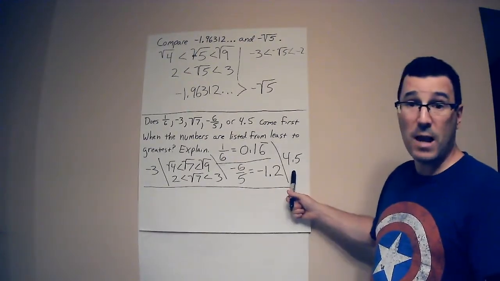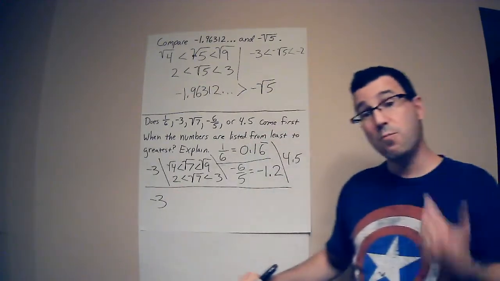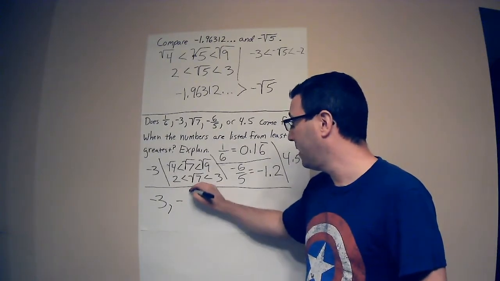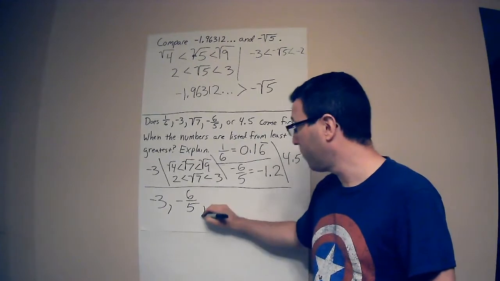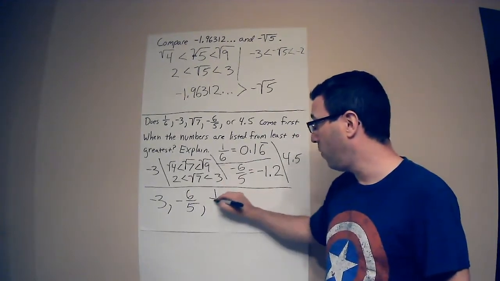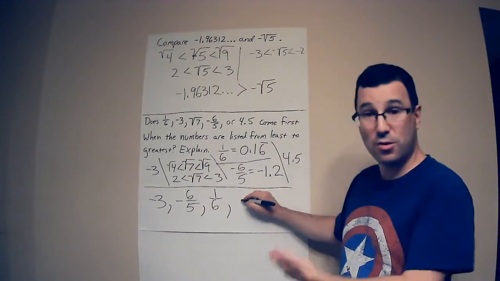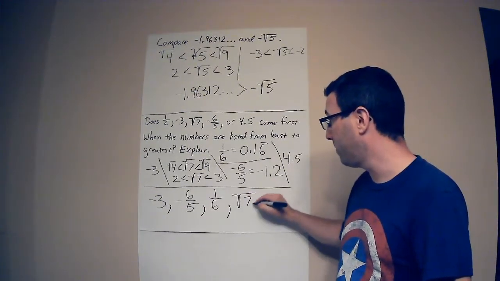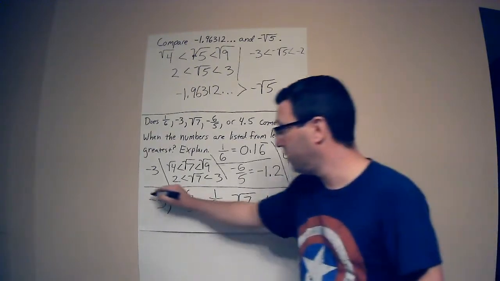And 4.5 is positive. So negative 3 is actually the smallest of these numbers, followed by negative 6 over 5, then 1 over 6, then square root of 7, since it falls between 2 and 3, and lastly 4.5.